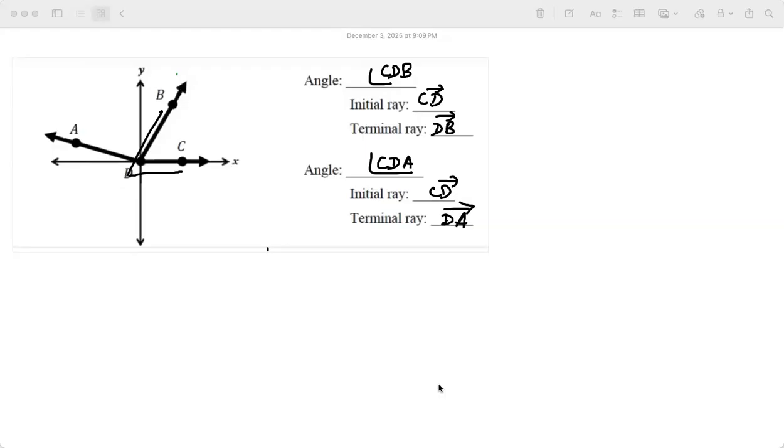Okay, now we'll see what radians are. How do I describe this? Let's say we talked about terminal rays and all this stuff, right? Let me go ahead and draw something.